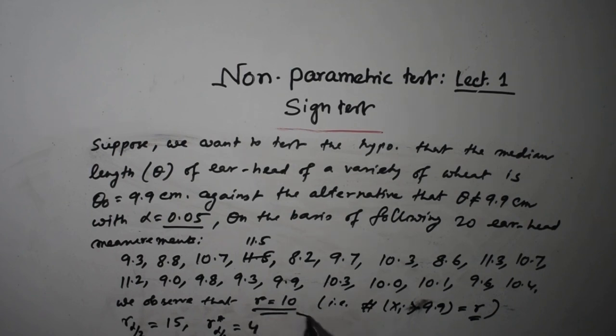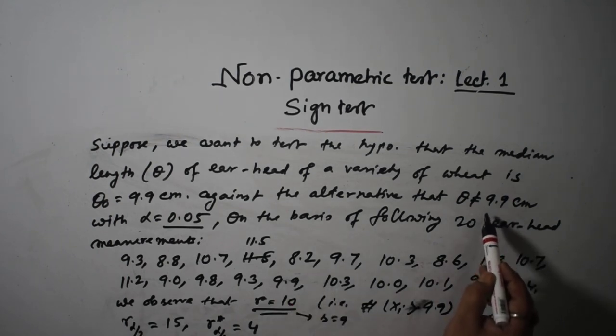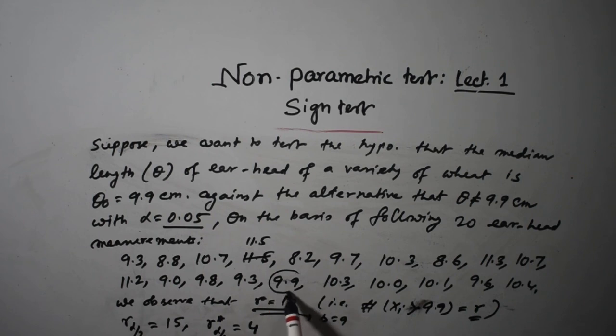Here S is 9 because one observation equals 9.9, so I exclude this. Therefore S is 9, and R is 10.